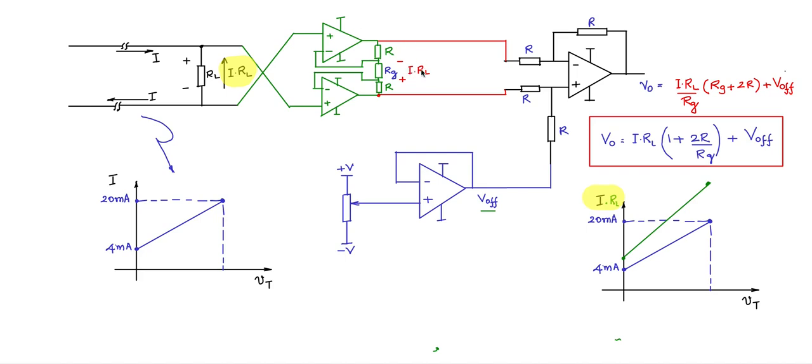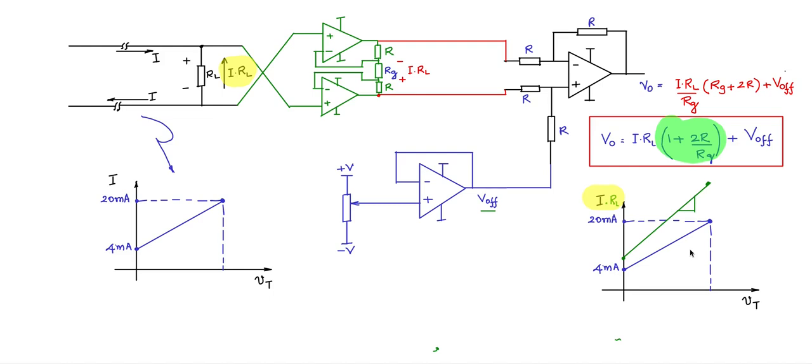So this IRL is further passed through this gain block, and then through a difference amplifier to the output. So you also have the offset point. If I look at this, I can play with R and RG to adjust gain. So RG can be used to do the gain adjust or the span adjust, as we say.